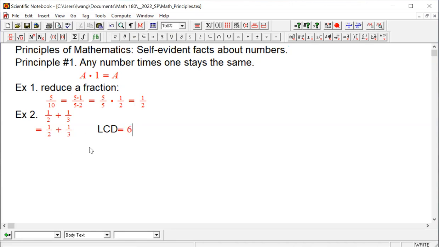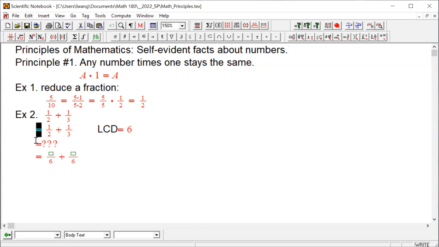The new denominator will be the common denominator, so we're going to have something over 6 plus something over 6.